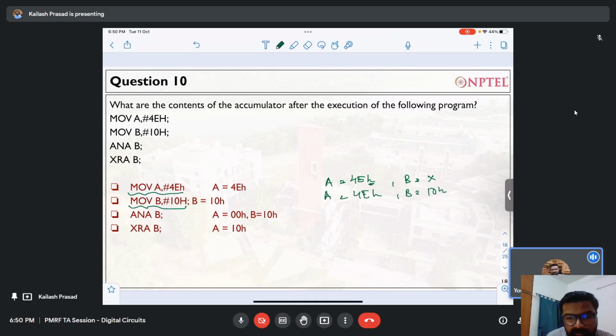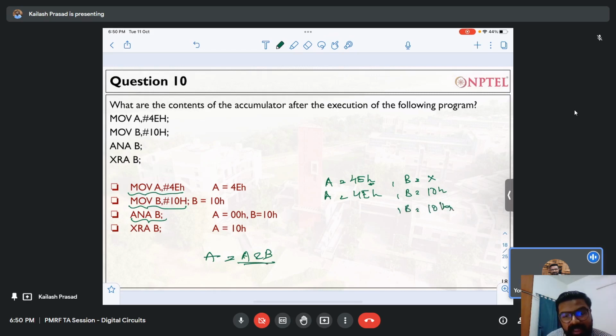And then we have written ANA B. So you have to do it like this: A equal to A AND B. The value of B won't change over here, so B remains at 10H.